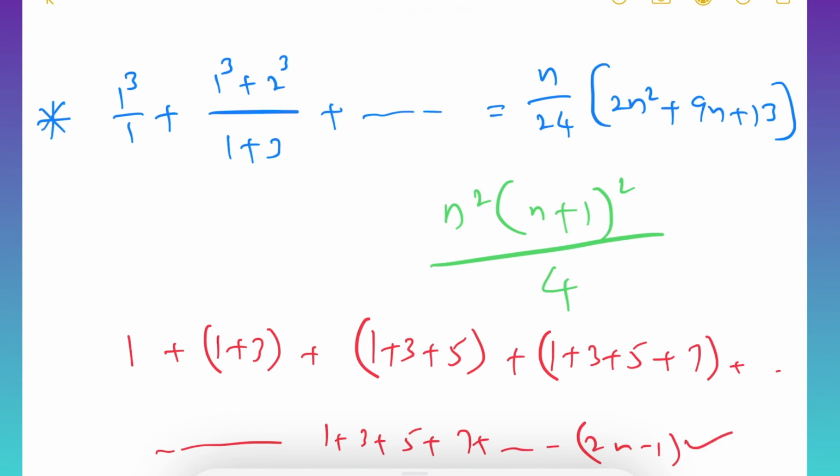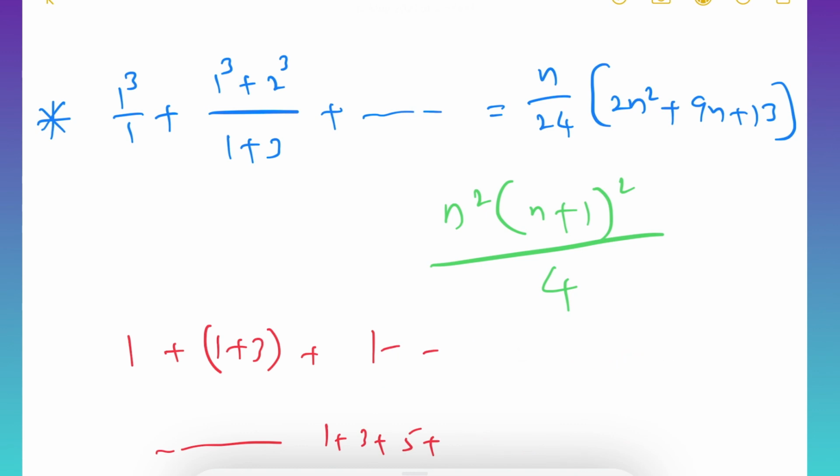It is the formula for the sum of the odd numbers of the first n natural numbers. Sum of the first n odd naturals is n square. So the denominator will become n square. We are just finding the nth term because that is not given in the question.